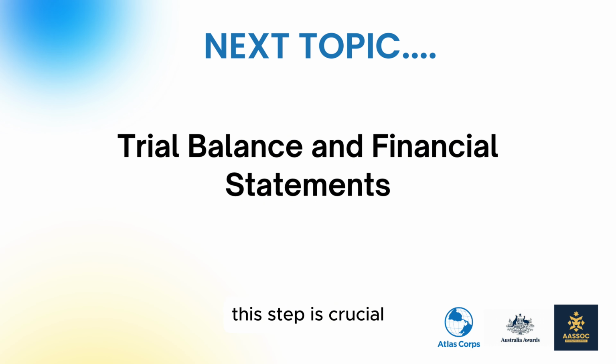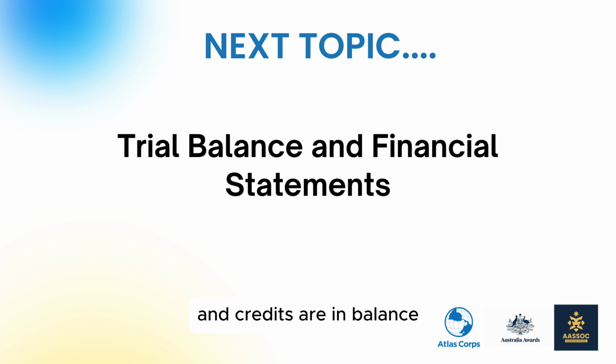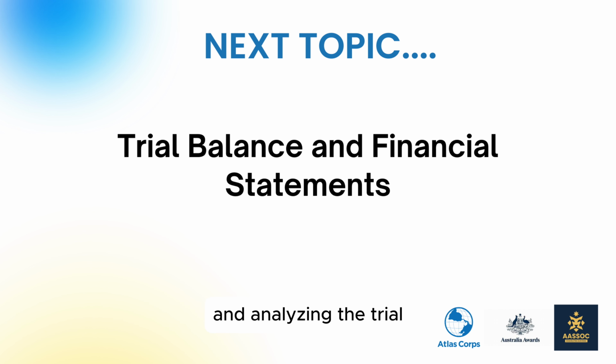This step is crucial because it helps verify whether our debits and credits are in balance before preparing formal reports. So stay tuned for our next lesson where we will dive into the process of preparing and analyzing the trial balance and financial statements.